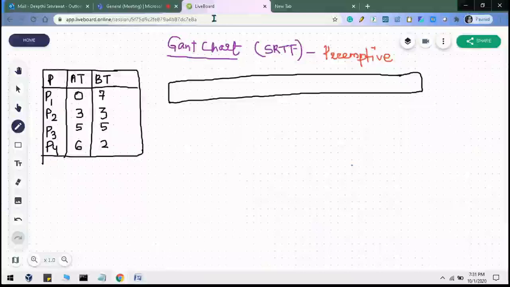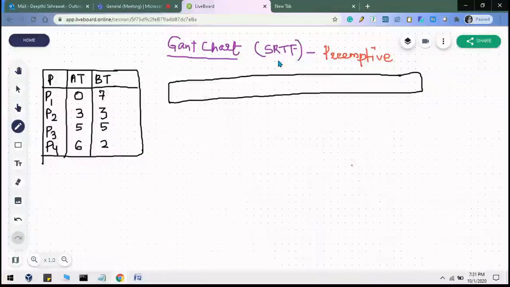As you can see in this question, we are given the processes. And we know that SRTF is a preemptive algorithm. So if a process has taken the CPU and a next process comes which takes less time than the process which is already in the CPU, then the other process can preempt it and take the CPU.